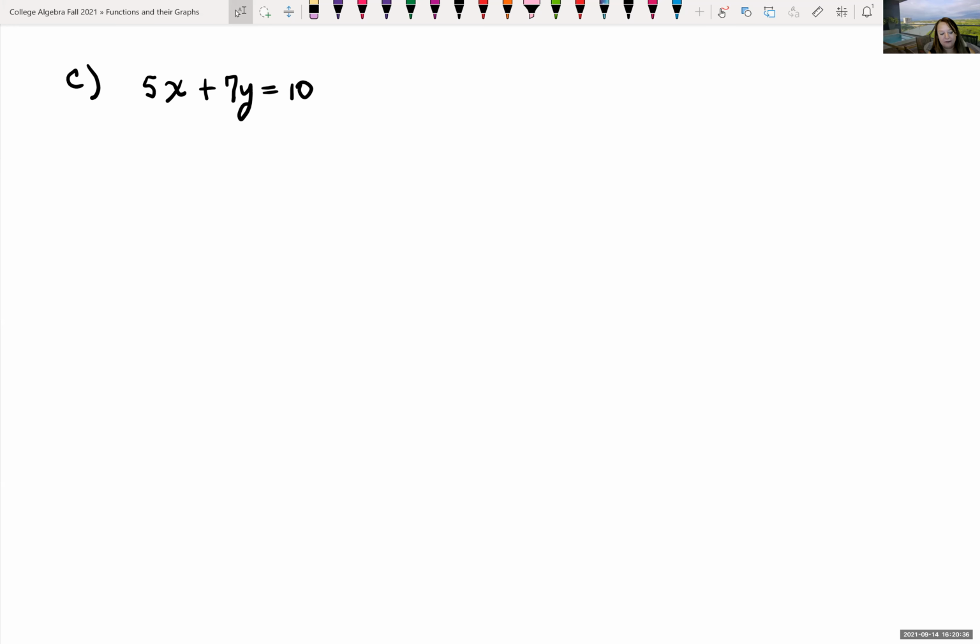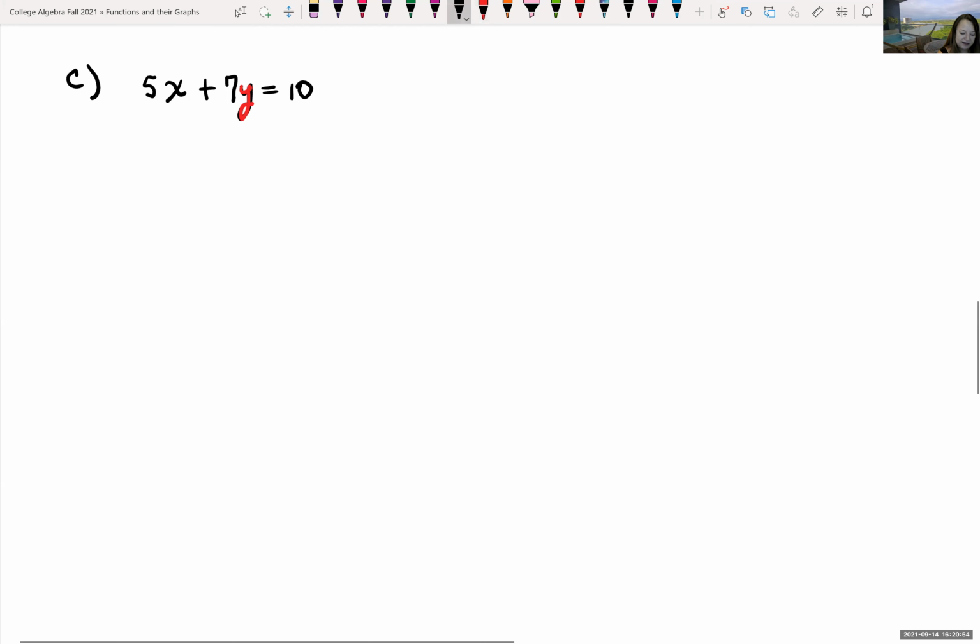And if we think about a graph of a line, I know that a line other than a vertical line is a function. But let's do what I just said. If it's not in the form of y equals, a lot of times it's easier to put it in the form y equals. So let's solve for y here.